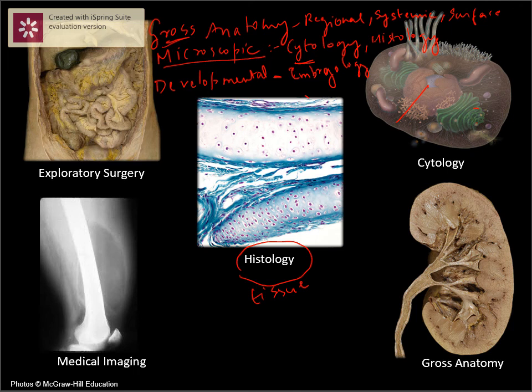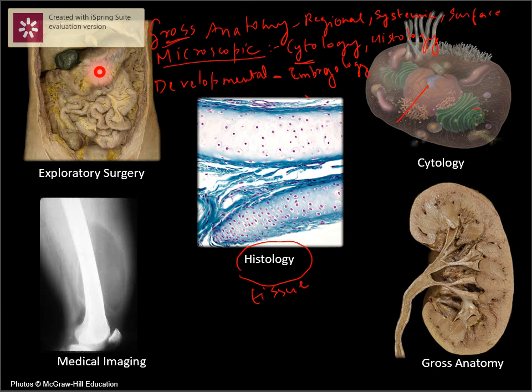Over here, you see exploratory surgery, which is an example of gross anatomy. You're able to see different structures here with the naked eye. And gross anatomy of the kidney is just another example. Exploratory surgery is something you do when you don't know exactly where something is in the body region.